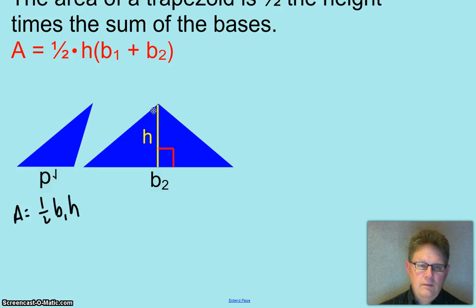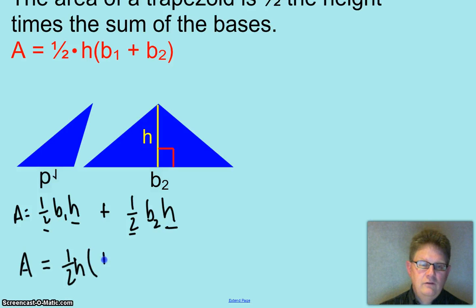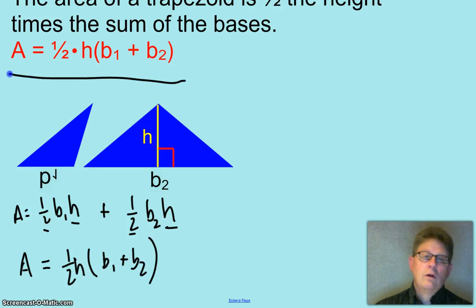Its height is the same as that triangle, plus the area of this triangle, which is 1/2 base sub 2 times the height. Okay, 1/2 and h are factors in both of these terms, so you could factor those outside, and what's left in parentheses are b1 plus b2. So really, this formula right here is nothing more than two triangles added together.